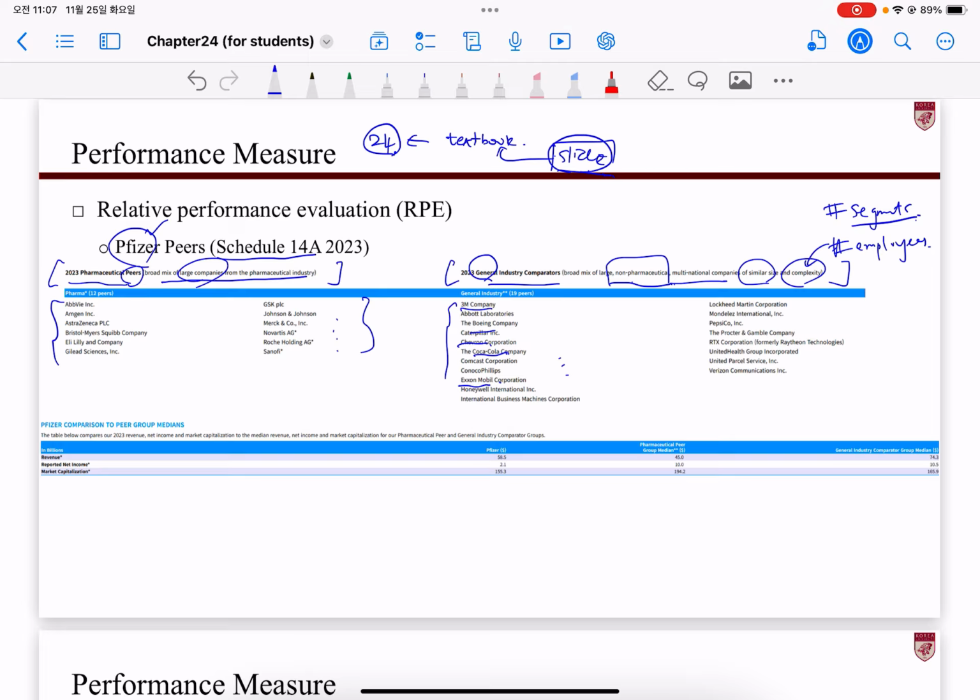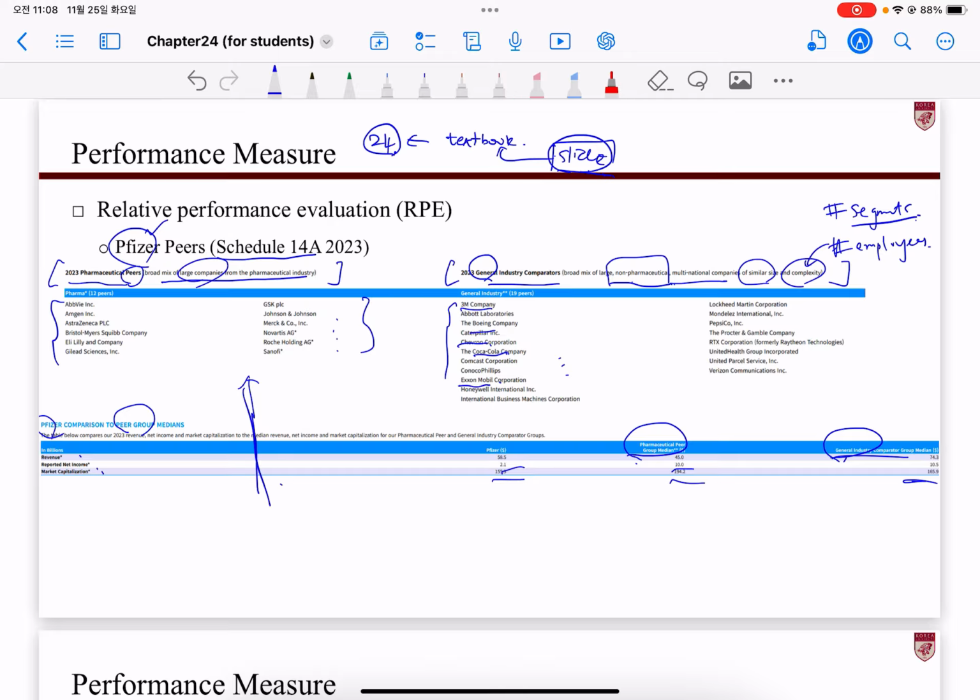So Pfizer compares not only to their industry peers. They also compare themselves with the general industry peers, as you see, in terms of revenue, income, and market cap. Okay. The way you select peers is quite subjective, right?